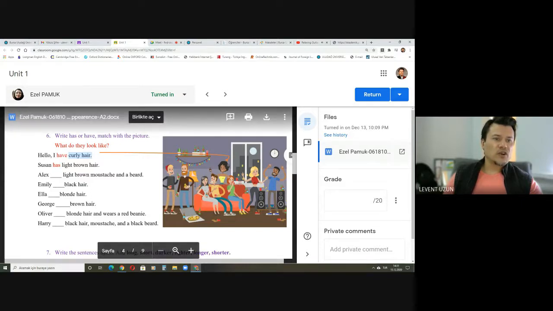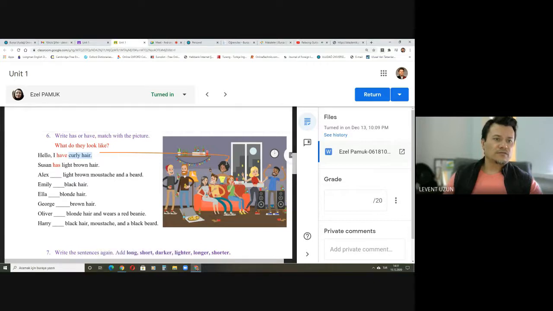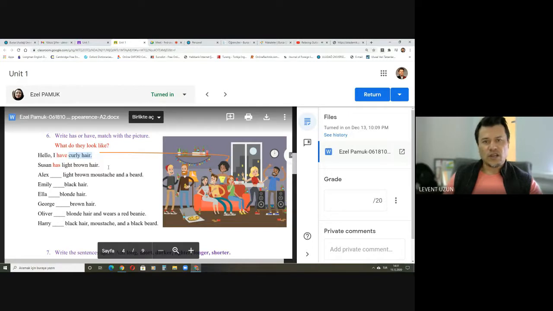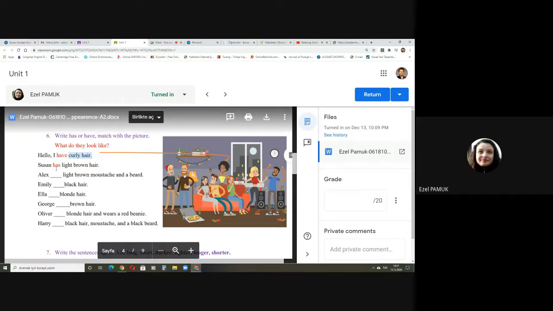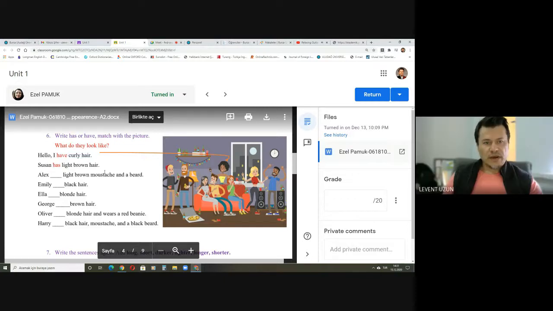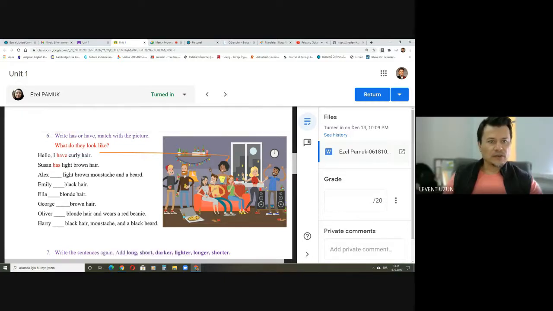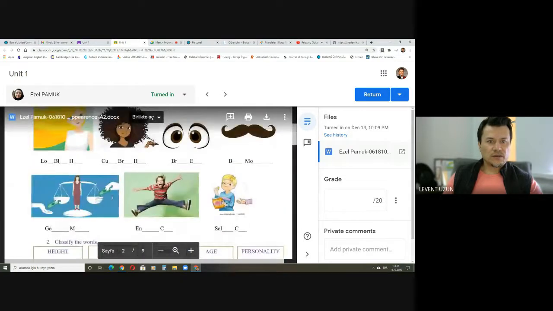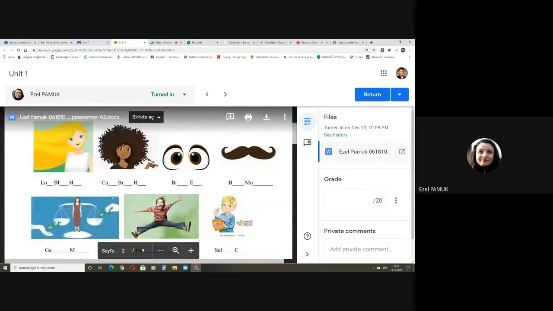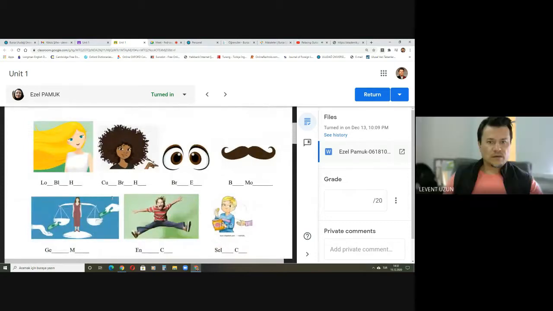But curly is, again, this could be, maybe they can understand that this is dark hair. Curly. No, because dark bacteria, they learn what is bacteria, is dark bacteria, like, anyway. Susan has light brown hair. Light brown. Where did we teach light brown? Darker, lighter. In that activity.